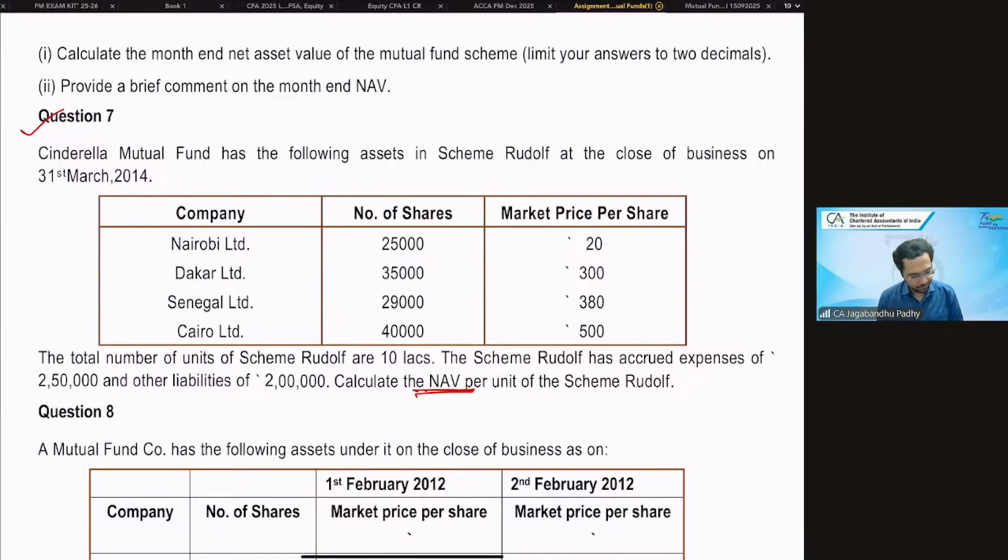$207.856 NAV. Seems to be incorrect. Can anyone else just check? So, sir, it's 41.57. 41.57.